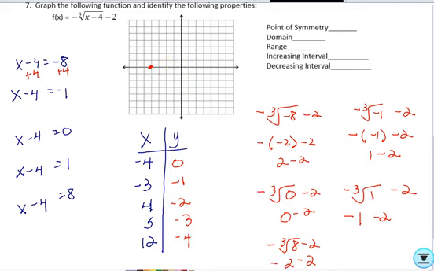Did I count this right? Negative 1, 2, 3, 4. 1, 2, 3. What is happening here?